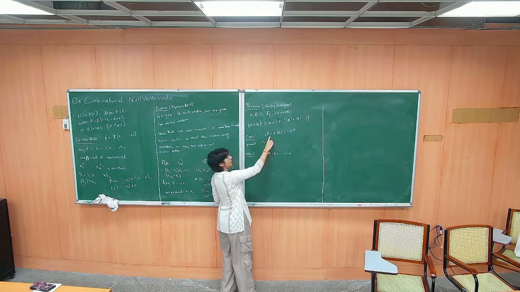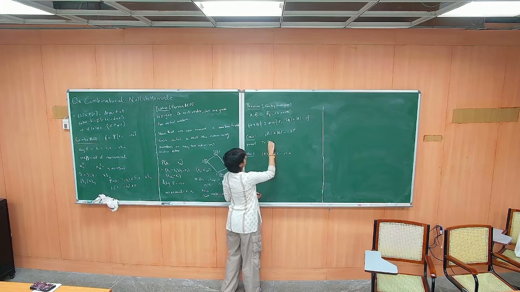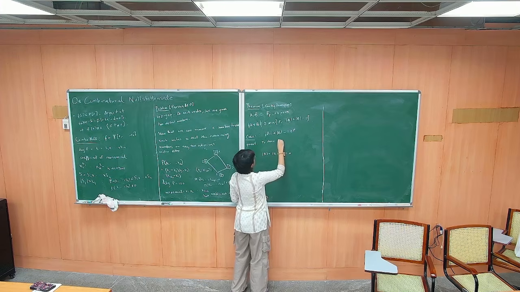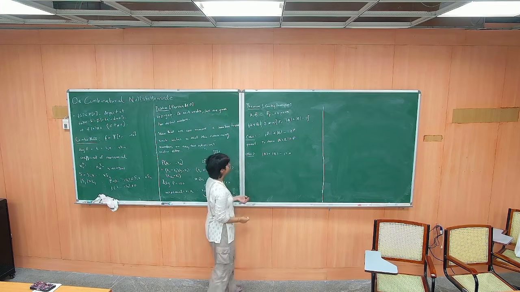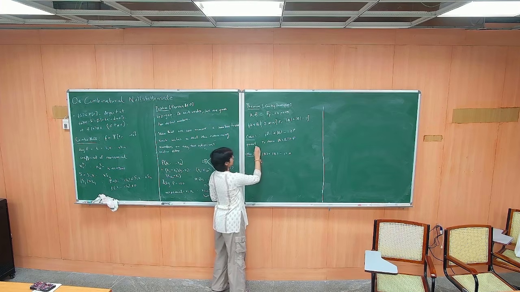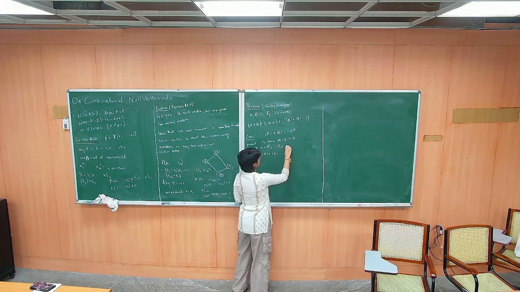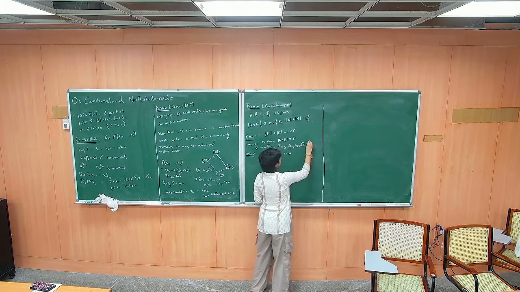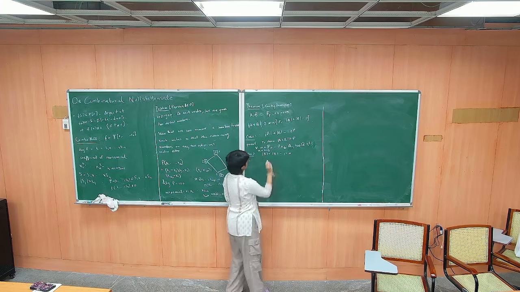So, if I have mod A plus mod B minus 1 to be greater than or equal to P, then I want to show that this minimum is P. Then you want to show that mod A plus B is equal to P. And you have to show that for every element U in FP, there exist A, B such that U is equal to A plus B. You just want to show that.